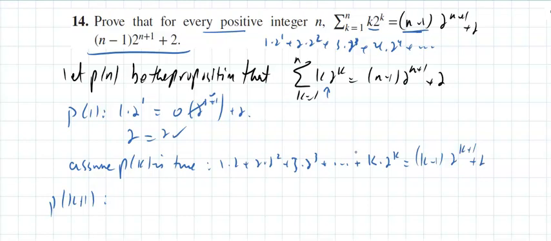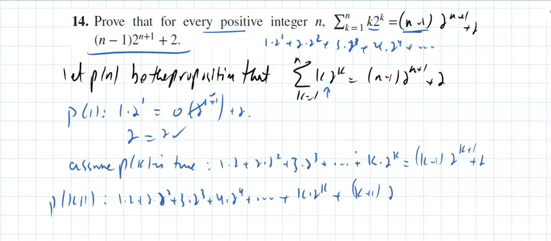Now for p sub k plus 1, 1 times 2 plus 2 times 2 squared plus 3 times 2 cubed plus 4 times 2 to the 4th plus k times 2 to the k plus the next term, k plus 1 times 2 to the k plus 1 should equal, replacing k by k plus 1, k plus 1 minus 1 times 2 to the k plus 2 plus 2.